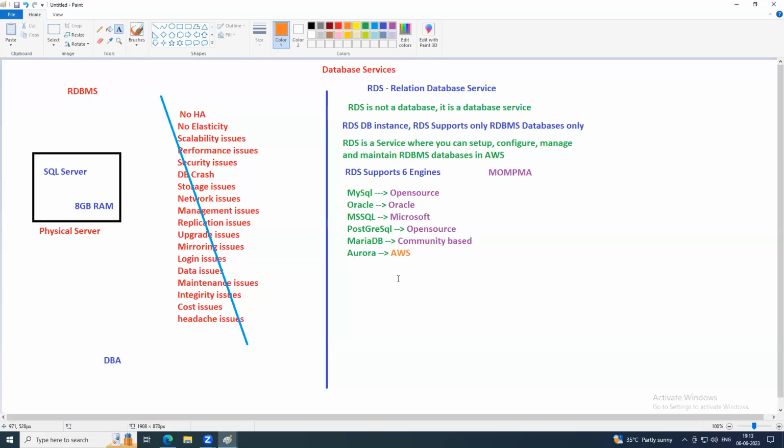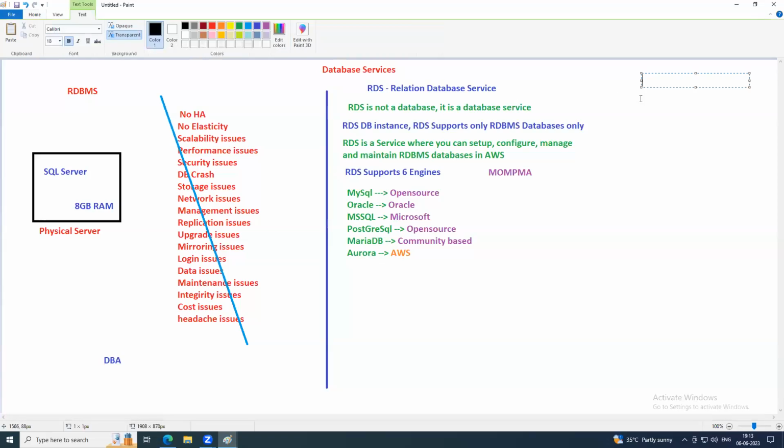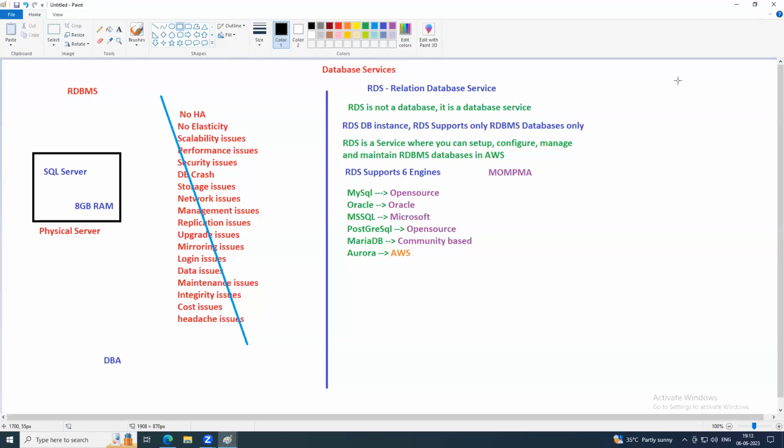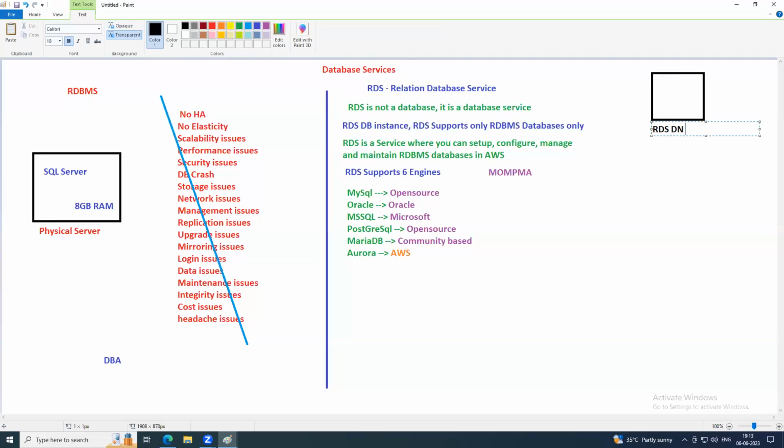In RDS, we have 6 engines. Whichever engine you want, you go and launch a DB instance. This is an RDS DB instance.